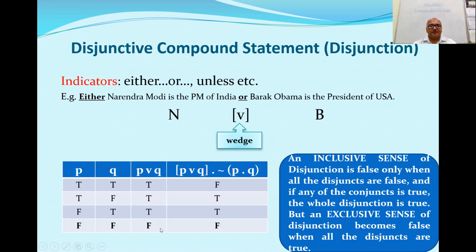Up to here, if you look at the table, it is similar to what we have seen in the case of the conjunctive statement. P, Q, the table we have designed in the same way, 2 to the power 2. So 2T, 2F, TF, TF, and then P wedge Q. So focus up to here.